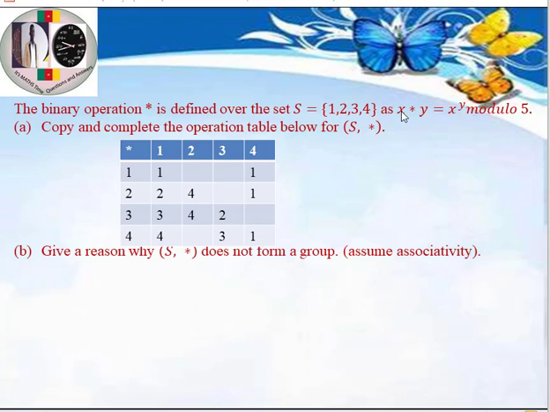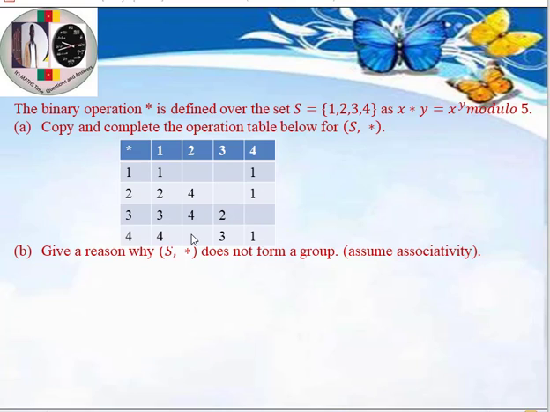And this operation star simply says that if we take any two numbers x and y, we should take the first number, raise it to the power of the second number, then divide that answer by 5 and take the remainder and fill it on the table. That is the meaning of x star y equals x power y modulo 5.